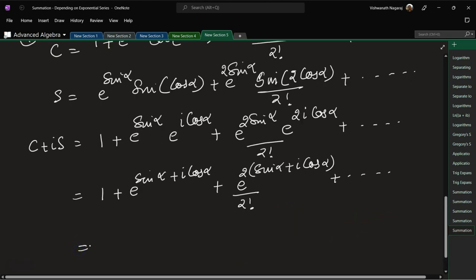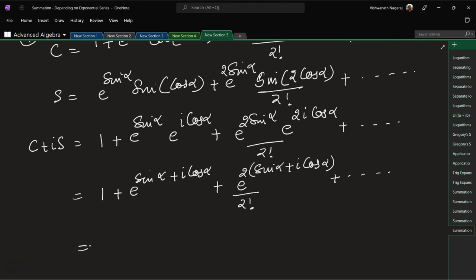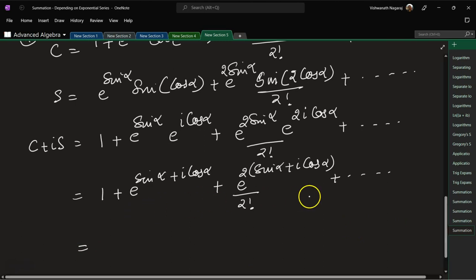Okay, now what else can we do? This is basically an exponential series, right? 1 plus e to the power of 1 plus e square by 2 factorial plus e cube by 3 factorial, like that it will go. So this we know how to do the summation. So e to the power of sine alpha plus i cos alpha, right?